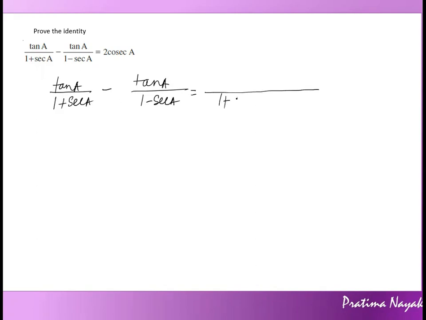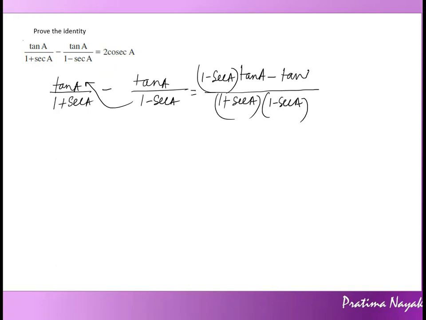So the LCM will be the product of this, 1 plus sec A into 1 minus sec A. Now 1 minus sec A will be multiplied with tan A, 1 minus sec A into tan A, minus tan A into 1 plus sec A.